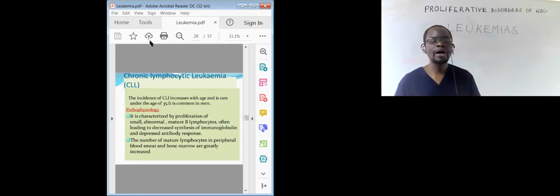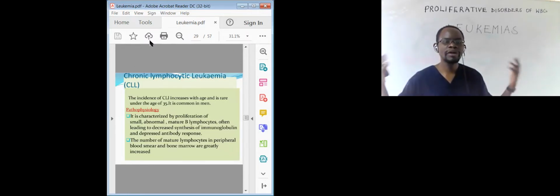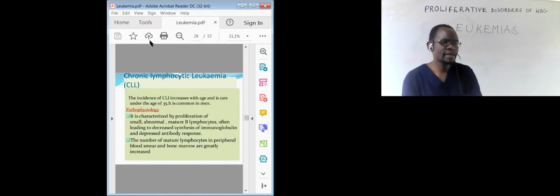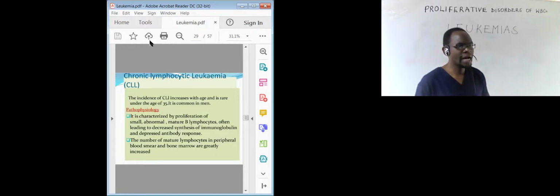You know very well that B cells are the ones that lead to formation of immunoglobulins, or what we refer to as the antibodies, and then you have a decreased antibody response. So the number of mature lymphocytes in peripheral blood smear are greatly increased.